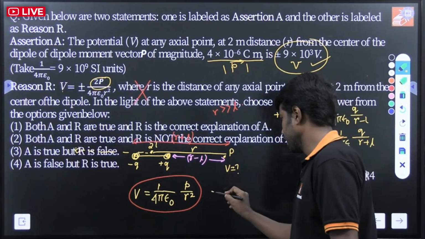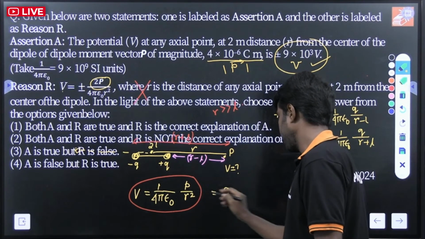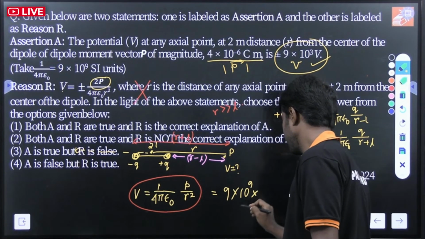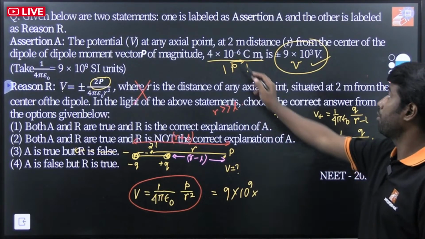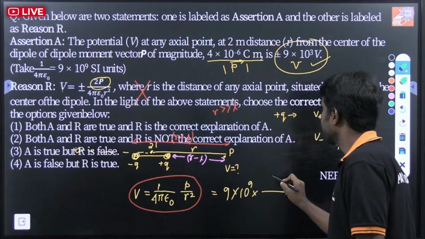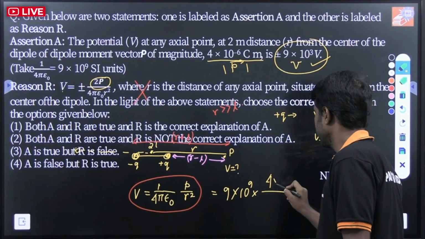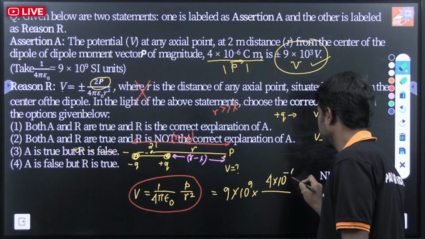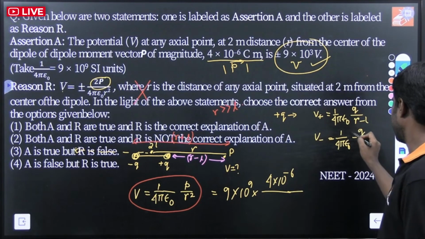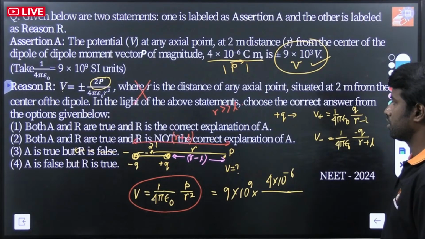For this we put 4 pi epsilon naught equal to 9 into 10 power 9, into the p value given, 4 into 10 power minus 6. That was a negative charge, so of course you have to put the sign also.